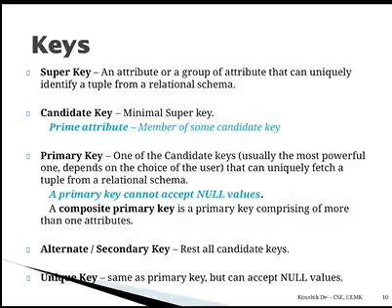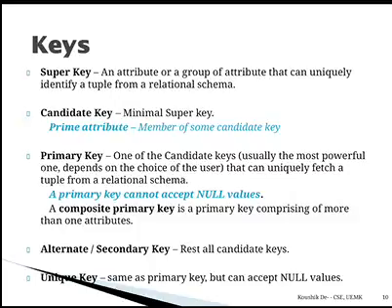Attribute student ID alone is a primary key, as each student has a unique ID that can identify the student record in the table. In some cases, an attribute alone cannot uniquely identify a record in a table. In that case, we try to find a set of attributes that can uniquely identify a row in a table.